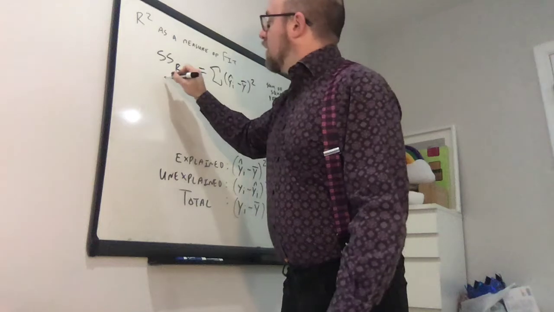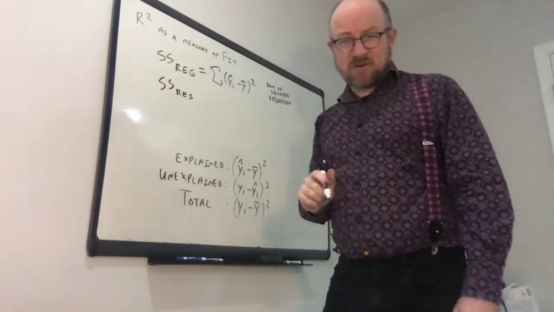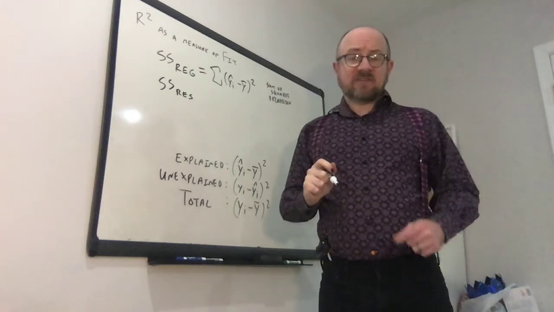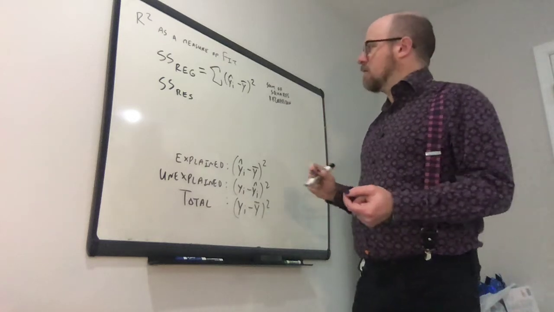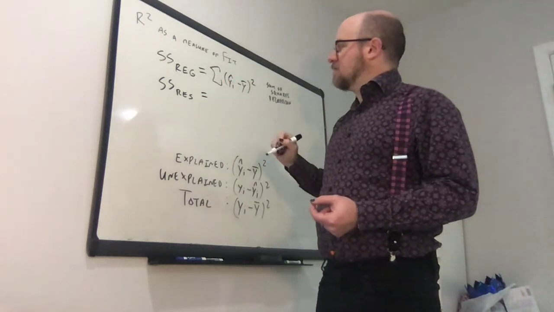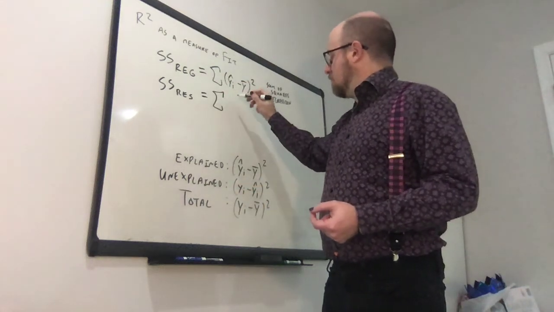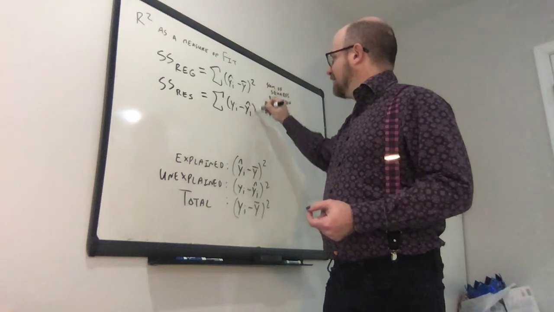And we call it that because it's explained by the regression line. Okay? We also have the sum of squares SS res. So this is short for sum of squares residual. You'll also sometimes see this called sum of squares error. I think Excel calls it sum of squares error. So SS res is the unexplained error. So it's the sum of the yi minus yi hat squared.